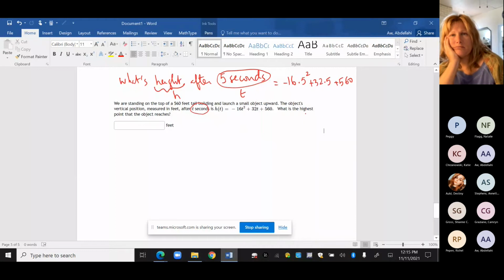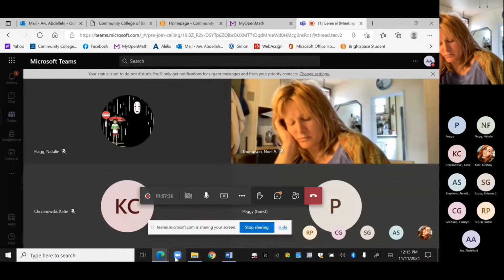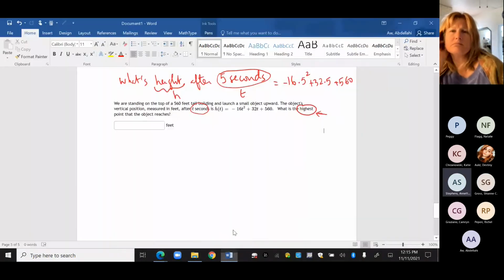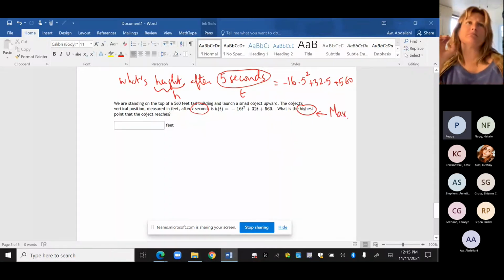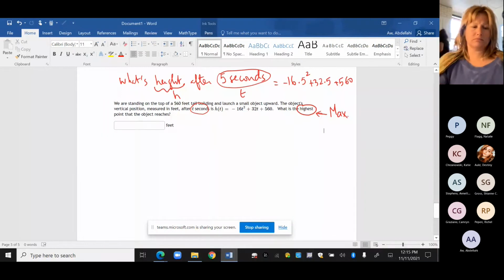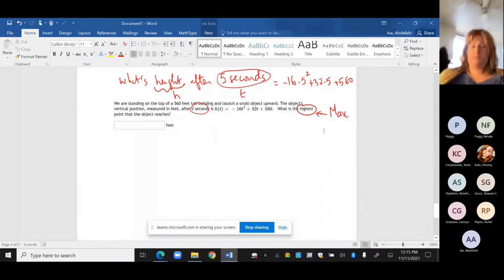Now look at the question. What is the height that the object can reach? What is the highest? The word highest is synonymous with maximum.